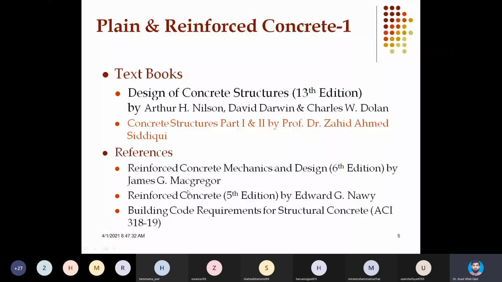Their copies are available, and you can use PDF directory, or from main library you can also get their hard form from reference section, or from book bank you may get part 1 and part 2 of Z. Siddiqui, or otherwise you can download their soft forms. I can also share the copies with you.